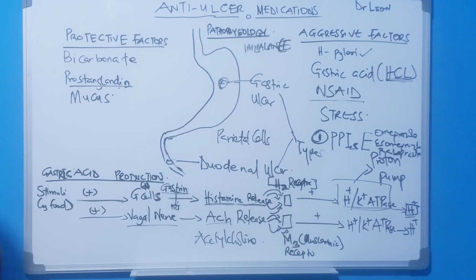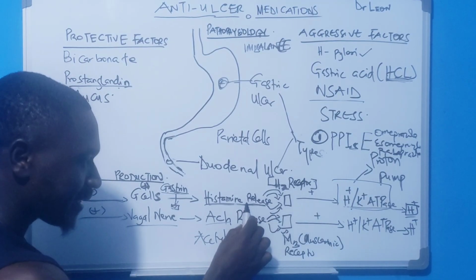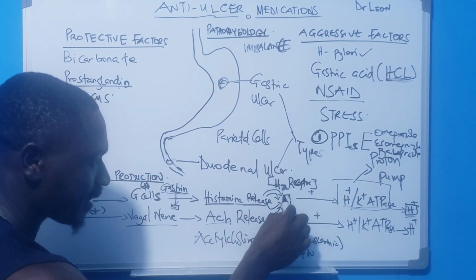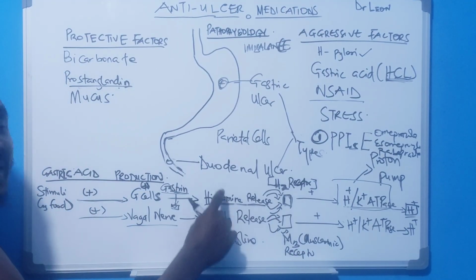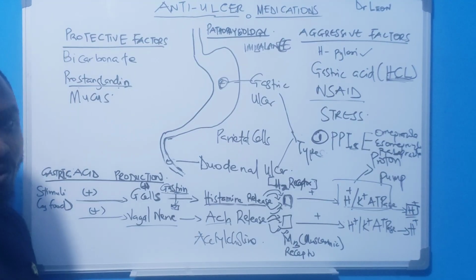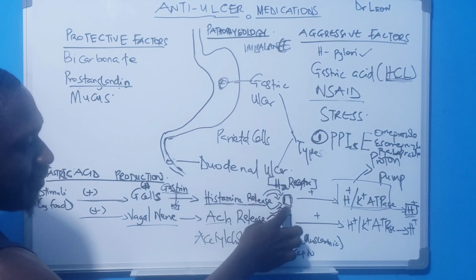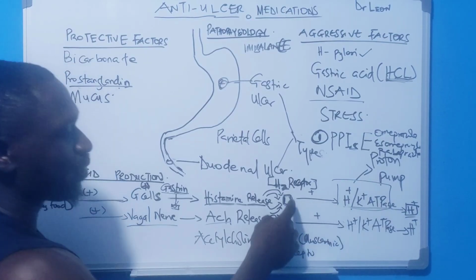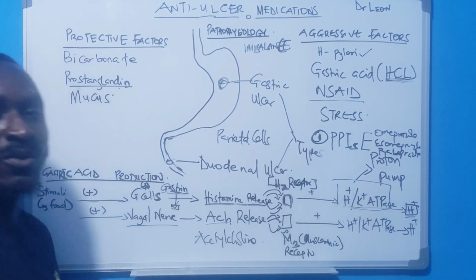So there are other classes of drugs that can block histamine from binding to its receptor, so that when histamine cannot bind to its receptor, this can also not continue. You get it? The pathway is that histamine will bind to the receptor to stimulate this. So we are blocking histamine from binding so that this will not happen.